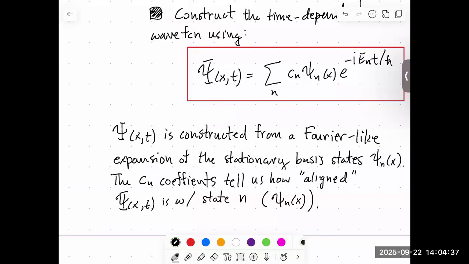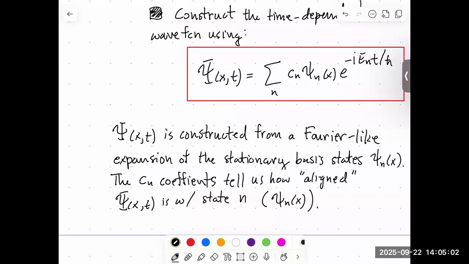You have to find all those a coefficients, and you do it in exactly the same way that we're finding them for our wave functions here. In some sense, these Cn coefficients tell us how aligned our full solution is with a particular stationary state, or, if you don't like aligned, what fraction of our full wave function comes from stationary state psi n.